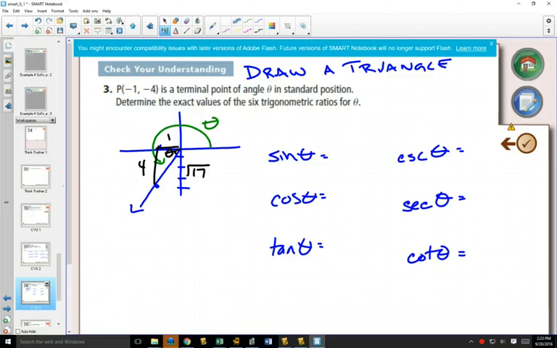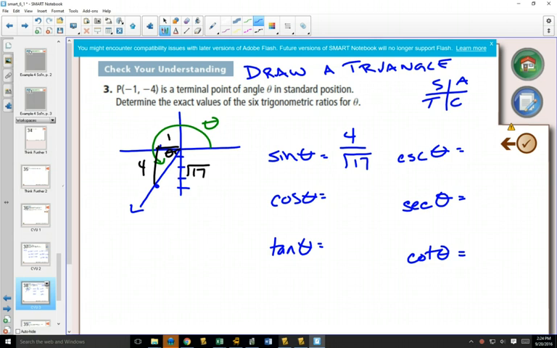Then, in order to find sine theta, the definition of sine is the opposite side over the hypotenuse. Well, we have a triangle with our reference angle. The opposite side is 4. The hypotenuse is the square root of 17. And because it's in quadrant 3, remember our CAST rule, what do we know about sine in quadrant 3?